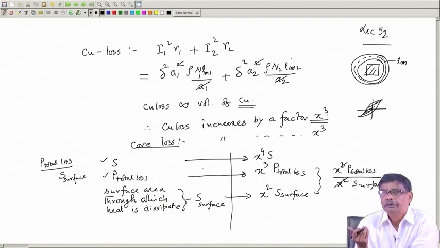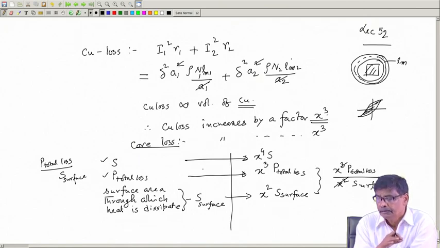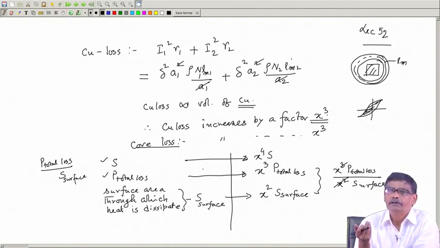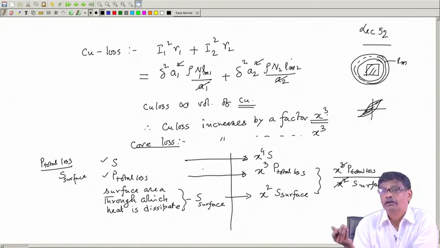To keep the temperature rise within the same limit compared to this transformer. So, this is why a large transformer needs extra cooling arrangement.